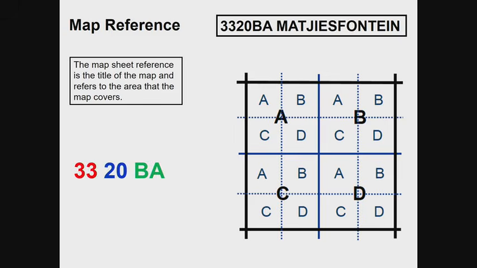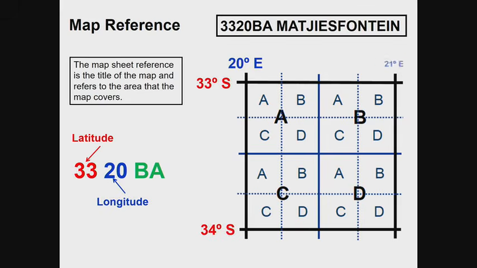Where's block BA? 3320 BA. That's the latitude. Okay, the 20 is the longitude. And BA is that block. Big block B, small block A. Okay, everybody happy with that?